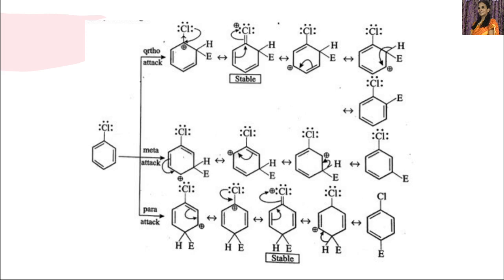So this is about the meta-directing groups. And in these meta-directing groups, we will come across different questions like this. So the important questions of this particular topic are: explain the orienting influence of halogen in chlorobenzene.